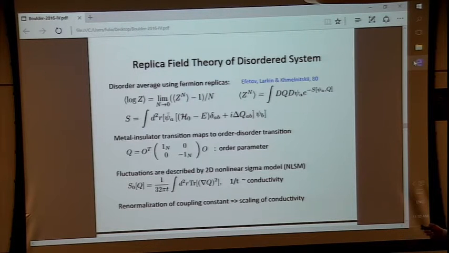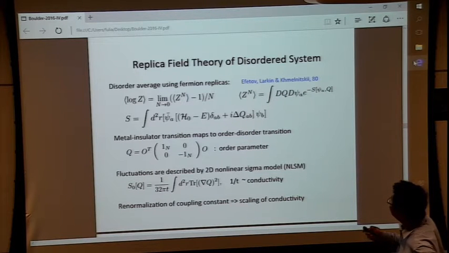The disorder average of the partition function to the nth power can be written like this. This is a clean Hamiltonian H naught, E is the Fermi energy, and so on.